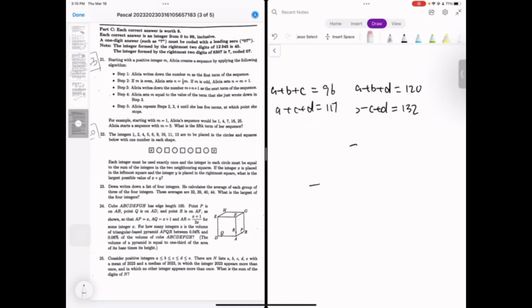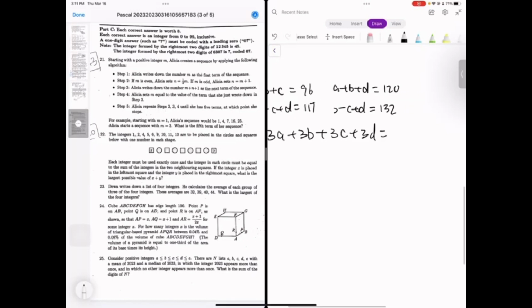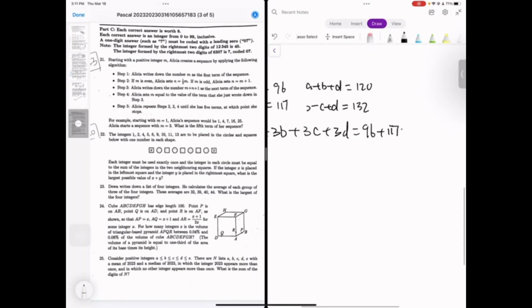And then we know that after we sum the 4 equations up, we get 3a plus 3b plus 3c plus 3d, and we add those numbers up, and that is 96 plus 117 plus 120 plus 132.